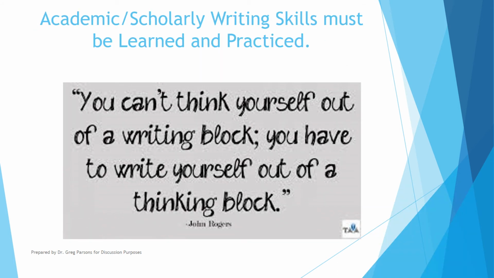And in the end, you learn to write by writing. There's no substitute for practice. And so the more you do it, and that's why we have a lot of papers scheduled, the more you do it, the better you'll get at it. And I like the quote here that you can't think yourself out of a writing block, you have to write yourself out of a thinking block.